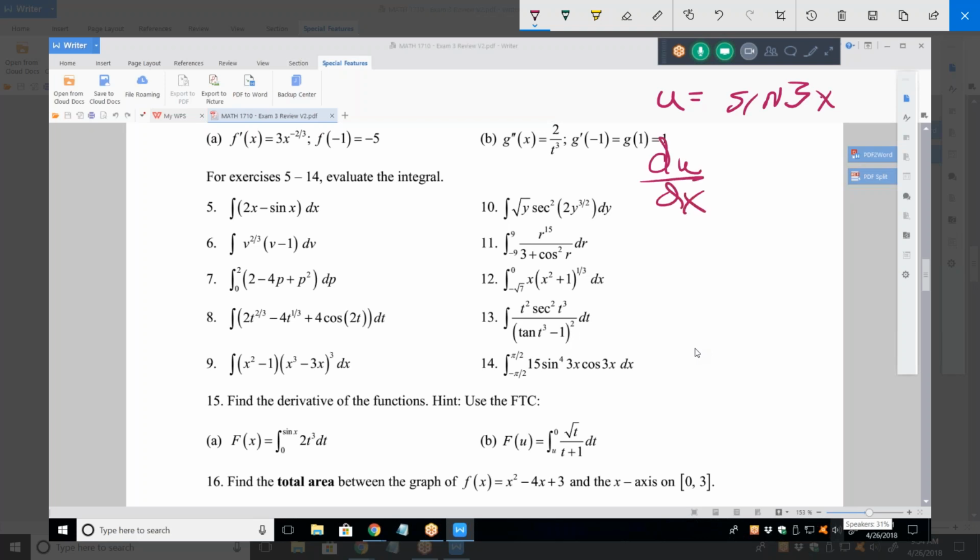Tell me what that is. Cosine 3x, times, don't forget to apply the chain rule, times 3. Yeah. So now du is 3 cosine of 3x dx.